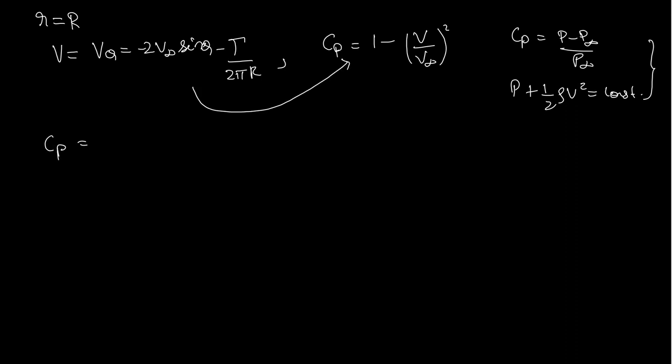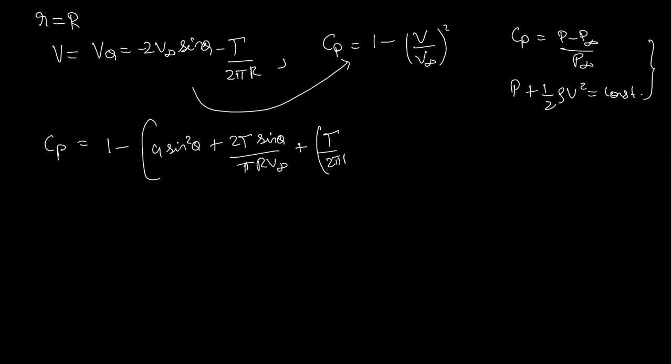It is 1 minus 4 sine square theta plus 2 times gamma sine theta over pi r v infinity, plus (gamma over 2 pi r v infinity) whole square. So this is the expression for the pressure coefficient.